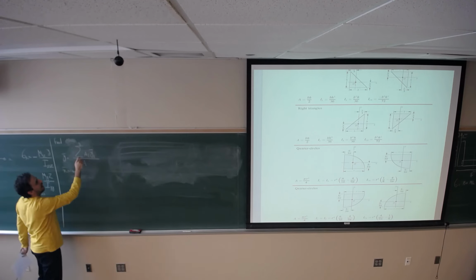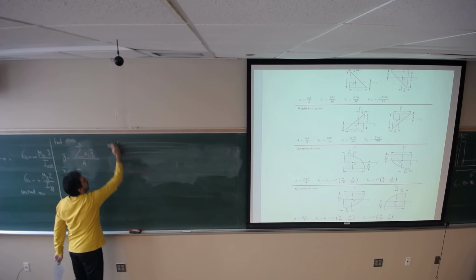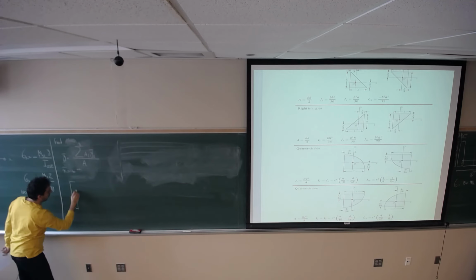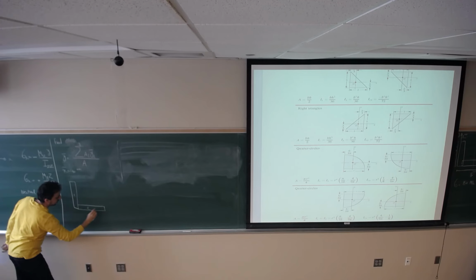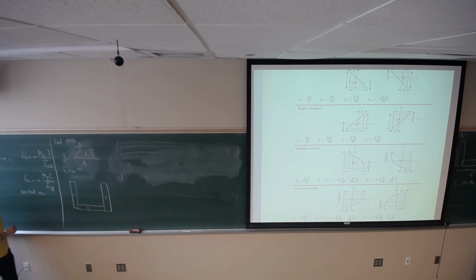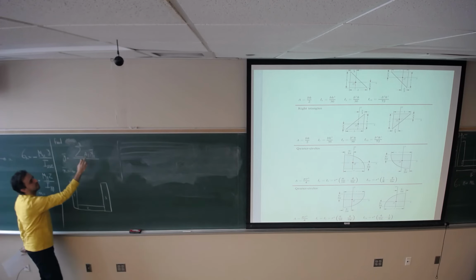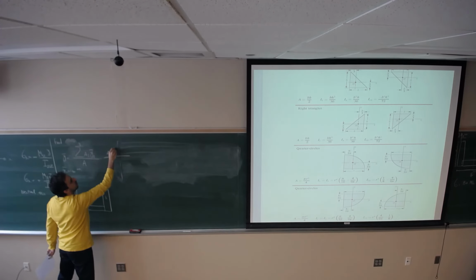We have three cross sections. One is here, second, and third. This equation says to find the Y bar, you need to multiply A1 by Y bar 1.